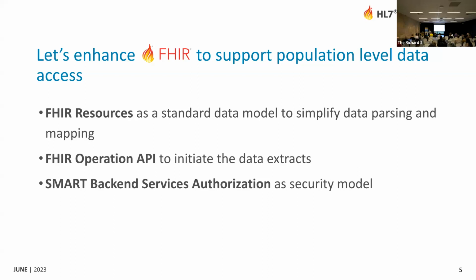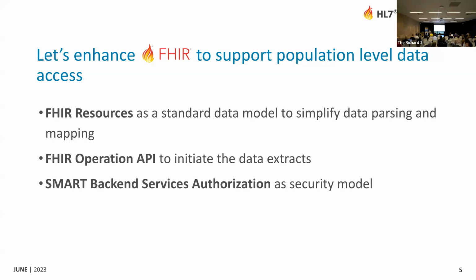We leverage the FHIR operation API to initiate and manage your bulk data exports, well, really kick off your bulk data exports. That means that any system you go into is going to have the same way of starting an export, which is different from how it's been historically, where you might be exporting CSV files from different systems, and those will operate in totally different ways depending on the system and the site.